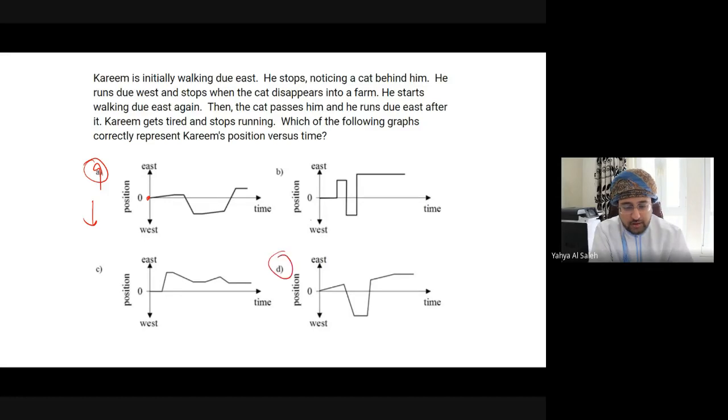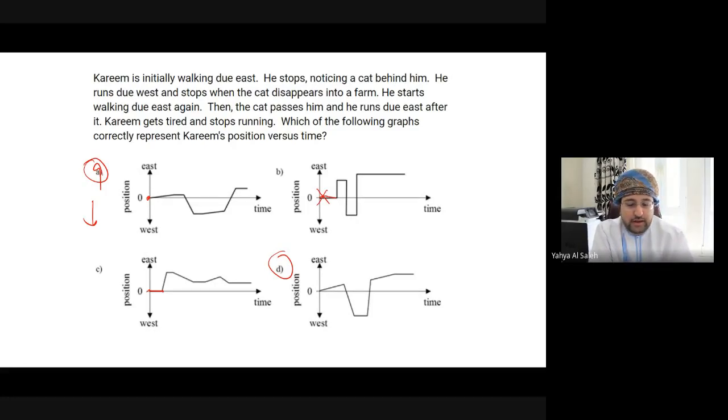This is wrong because this is walking in a straight line, not going east. This is also wrong. He stops, noticing a cat behind him. Stops means the tangent needs to be equal to 0. Both of them do this. Okay, let's see.